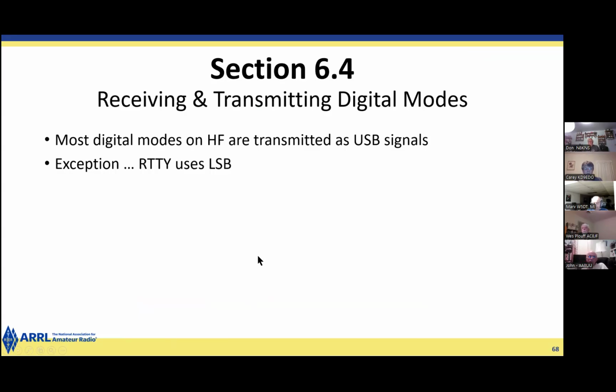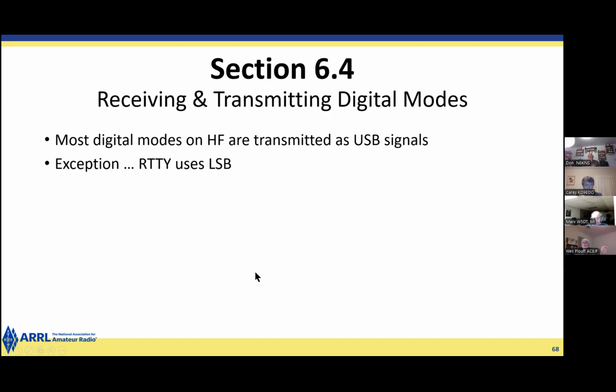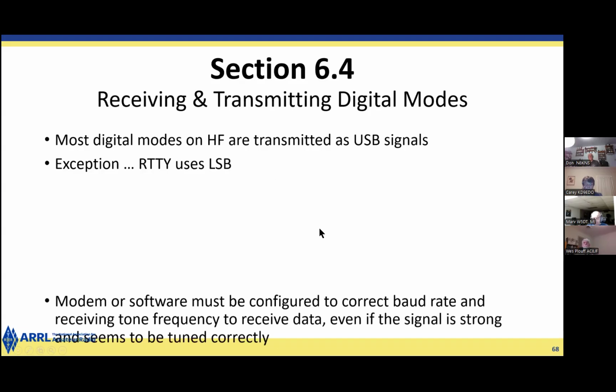Now, you may remember that Marv a couple of weeks ago said that single sideband is on upper sideband on 10 megahertz, on 14 megahertz and up, and it's on lower sideband on 7 megahertz and below. But digital signals don't follow that convention. Instead, digital modes, except for radio teletype, are normally on upper sideband, and radio teletype, for historical reasons, uses lower sideband.